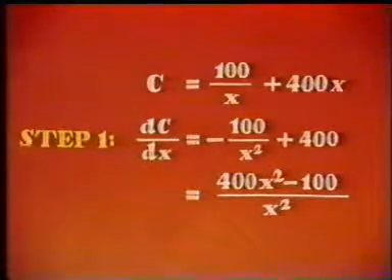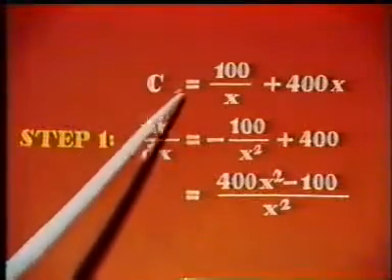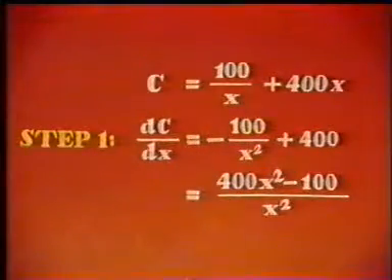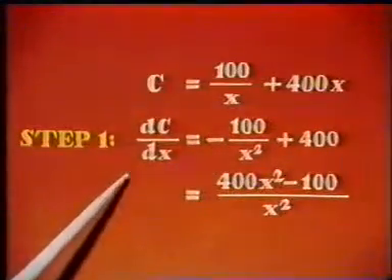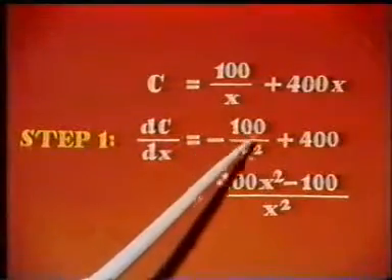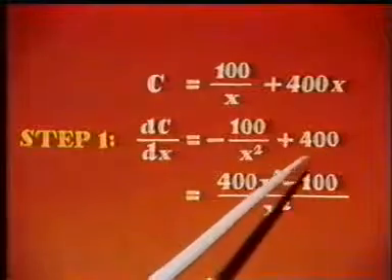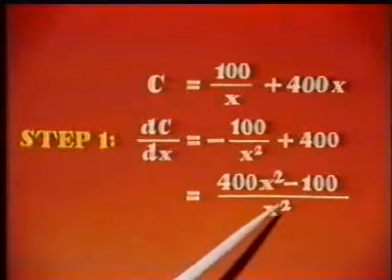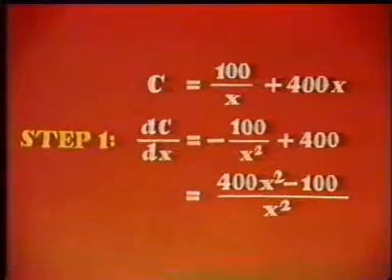Now let us solve example 2 by this method. C is equal to 100 by x plus 400x. Step 1, differentiating, dC upon dx is equal to minus 100 by x square plus 400, which is equal to 400x square minus 100 divided by x square.